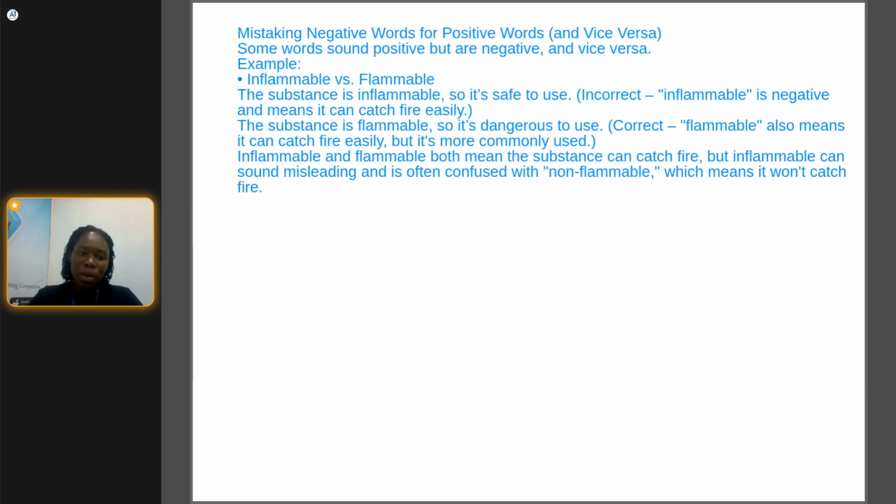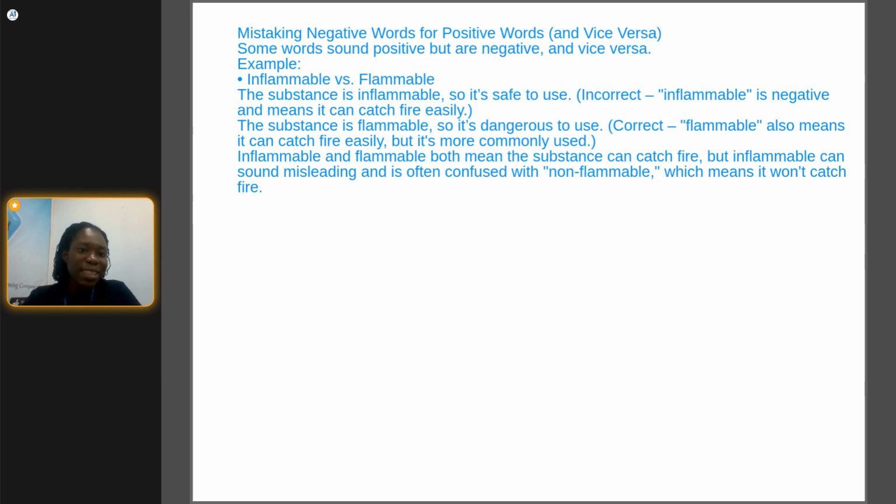There are some words that are positive but look negative, and some other words that look negative, but they are positive. So, like I said, some words sound positive, but they are negative, and vice versa. For example, inflammable versus flammable.